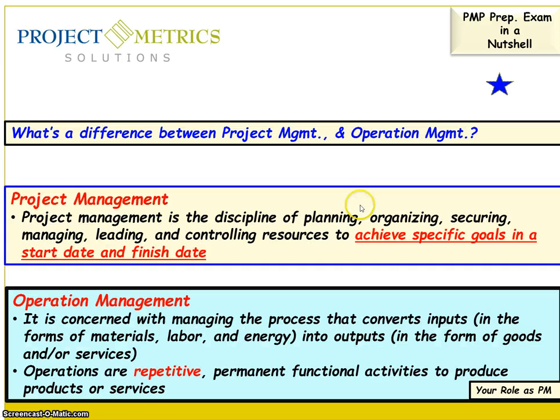All of these will introduce you to the different types of organization, the terminology or definitions, and the difference between project management and operation management. This is a very important definition while you are taking the PMP exam.